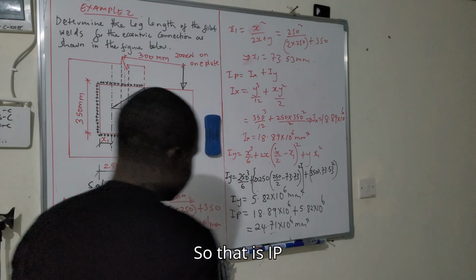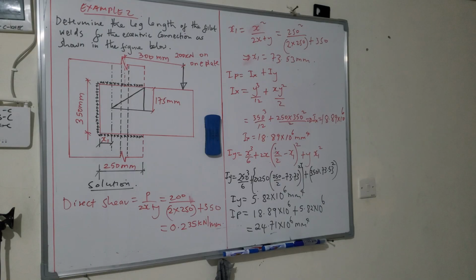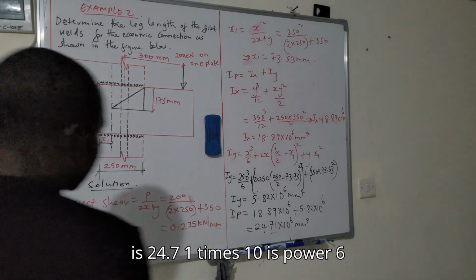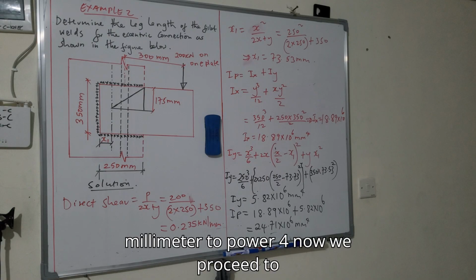So that is Ip, which is 24.71 times 10 raised to the power 6 millimeter to the power 4.